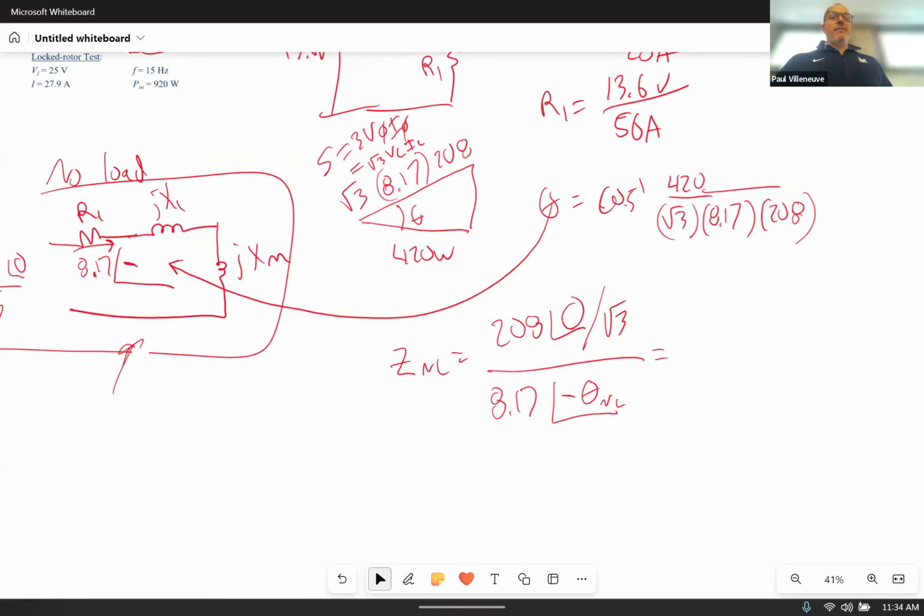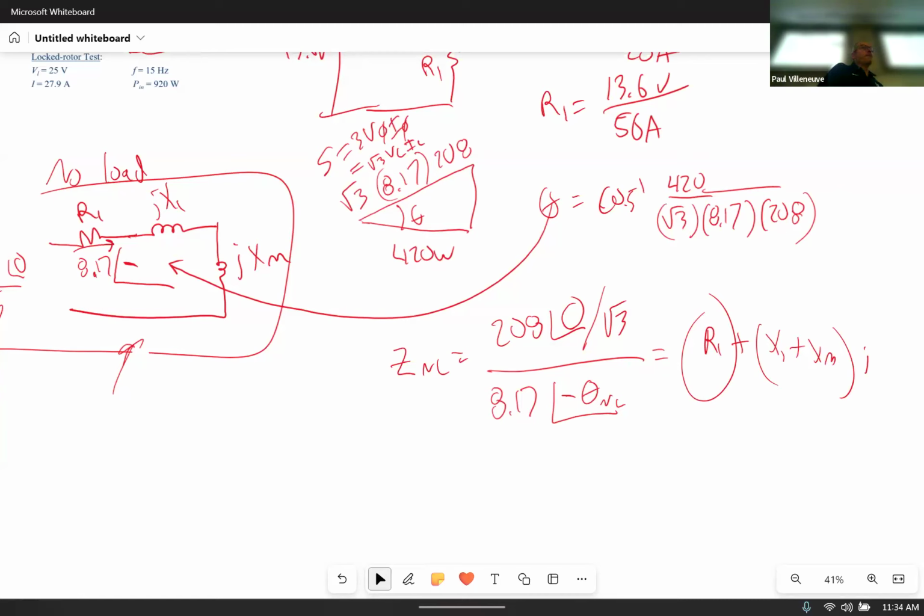And that's going to give me R1 plus j times X1 plus XM. I don't care about R1 because I already solved with DC. So I'm not going to even look at the R1 value. I'm just going to focus on the j term.